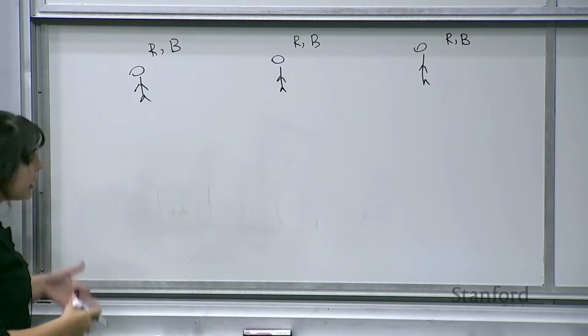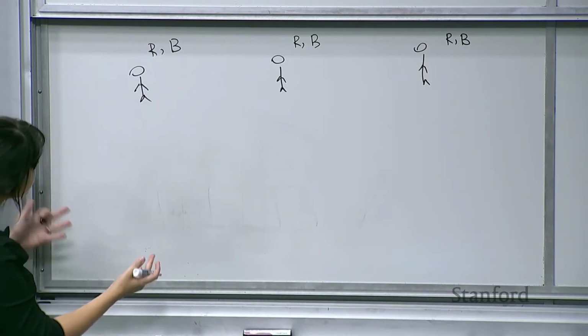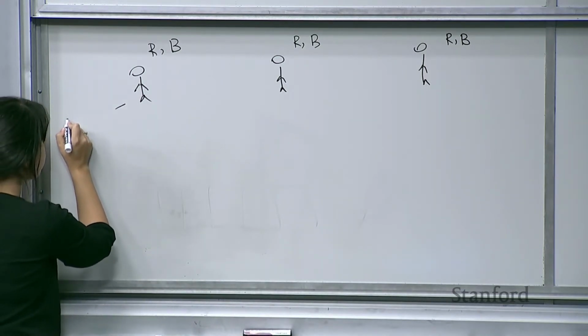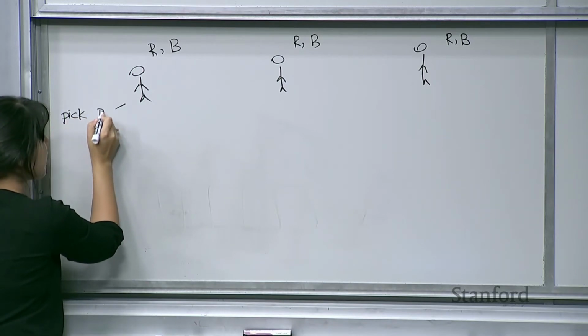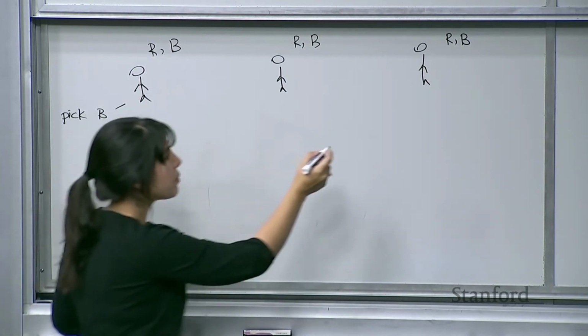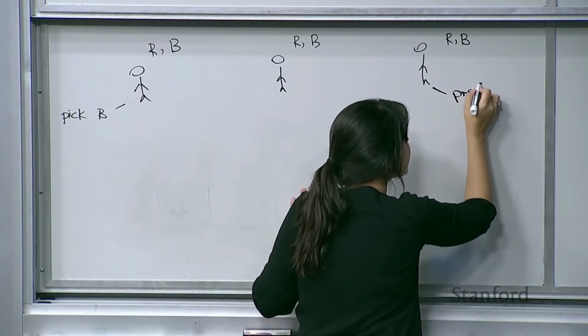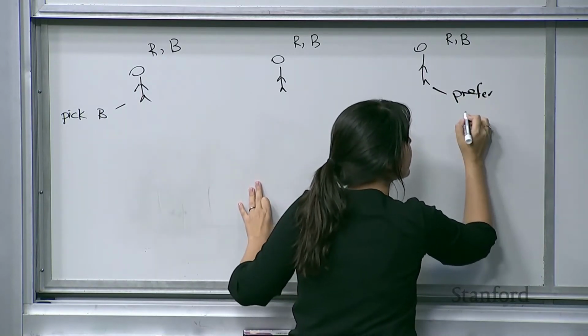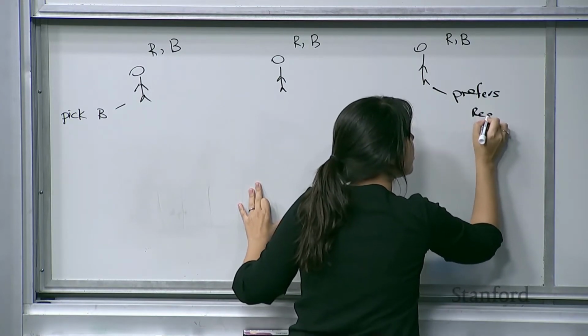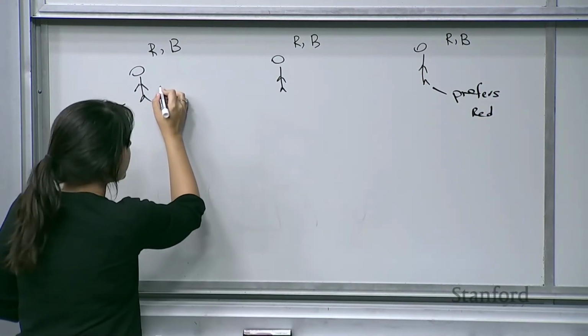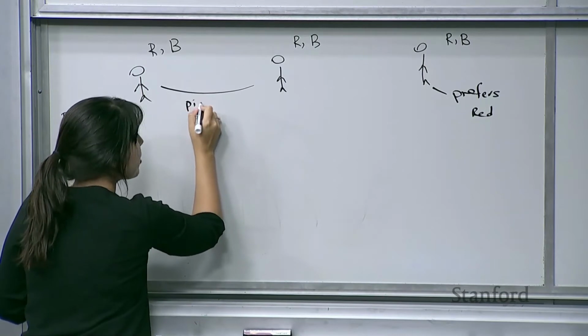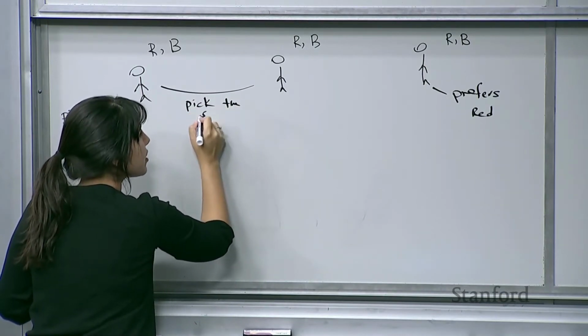Okay? And each of them has a set of constraints. So the idea is maybe this guy really wants to pick blue. Maybe this third person prefers to pick red, but it's not as bad as this guy, so prefers red. And maybe we want to make sure that the first person and the second person pick the same thing.